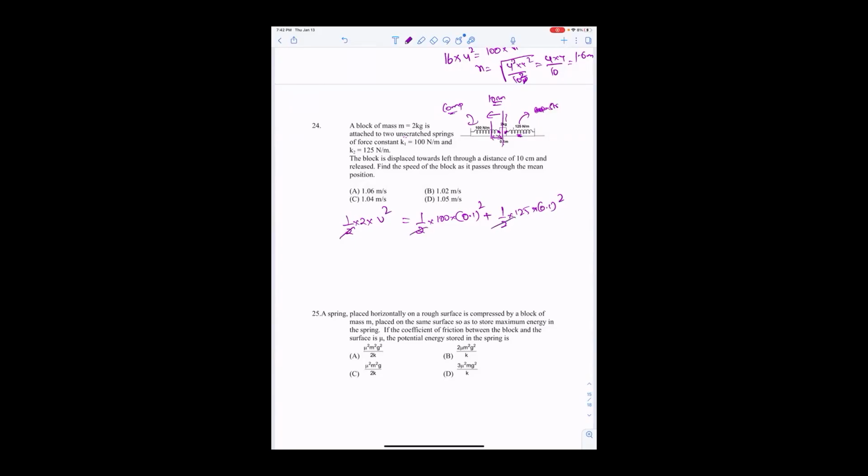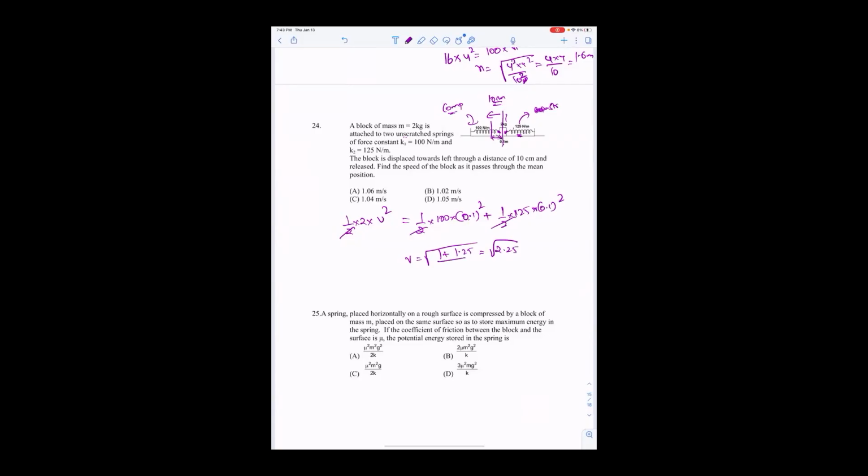So velocity is under root of 1 plus 1.25, under root 2.25. Am I right? What is under root 2.25? Is it 0.25? 1 by 100... it is 1.25 only, right?